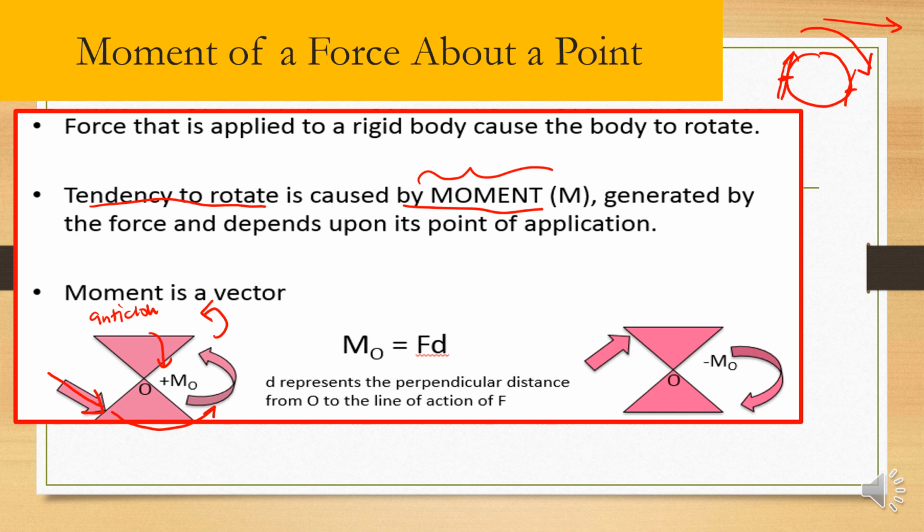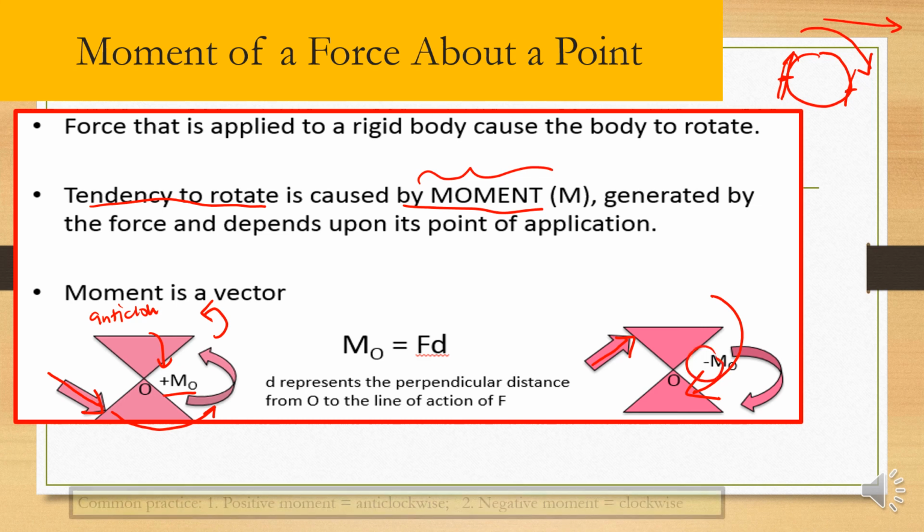I repeat, when the moment or rotation is in anti-clockwise direction, the moment is positive. Meanwhile, the negative moment is due to rotation in clockwise direction. For example, you apply a force at this point, which causes the spinner to rotate clockwise. When it rotates clockwise, it is known as a negative moment.